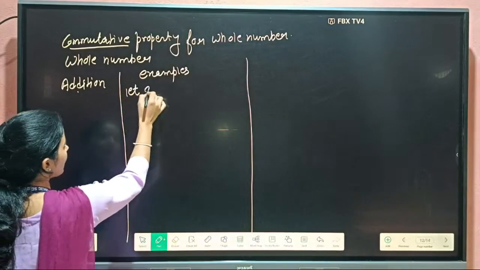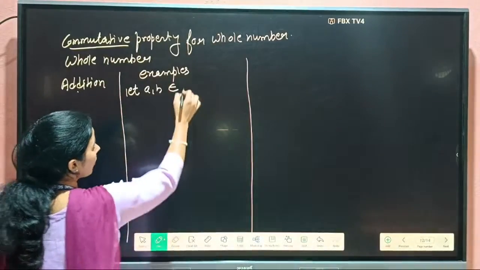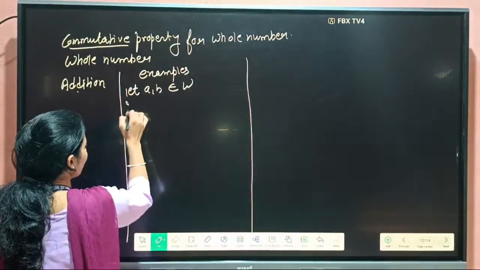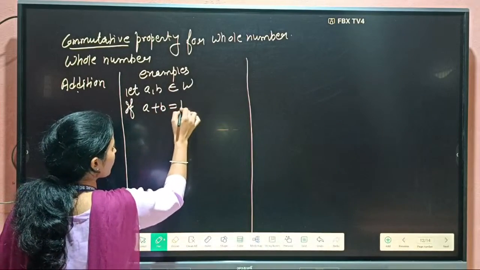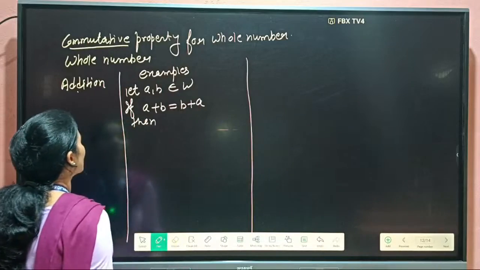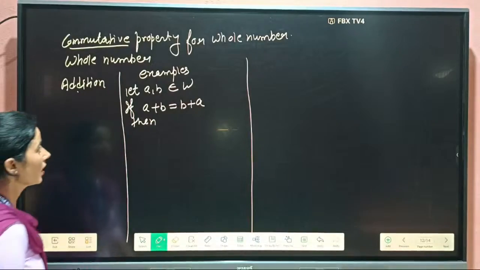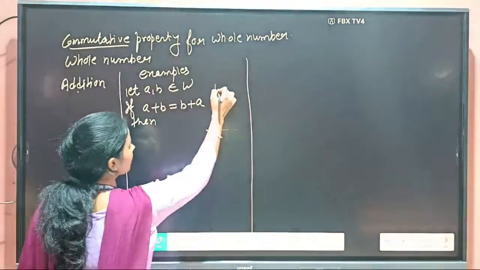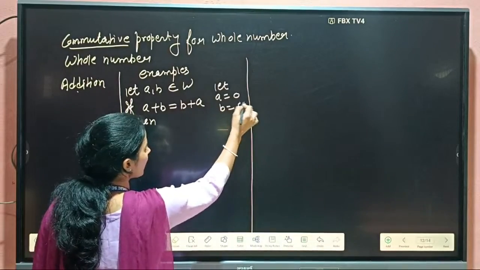Let A and B belong to whole numbers. If A plus B is equal to B plus A, then we can say addition is commutative, otherwise no. Let A equals 0 and B equals 5.